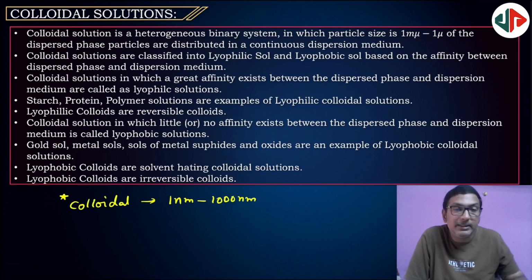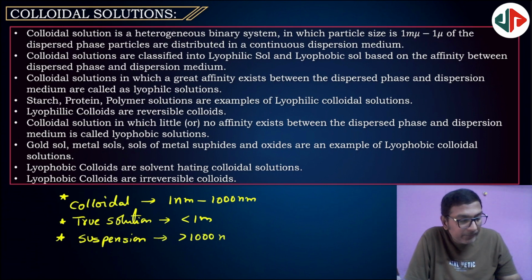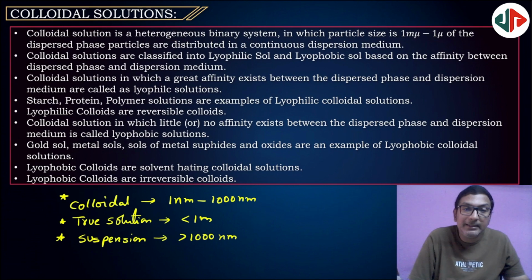That is the colloidal particle range. While in case of a true solution, it is less than 1 nanometer, while in case of suspensions, it is greater than 1000 nanometers. This is particle size.